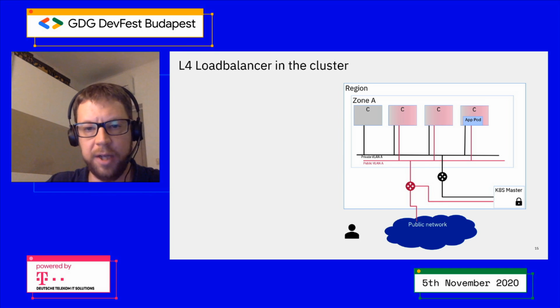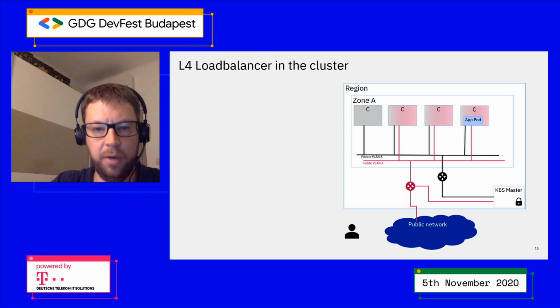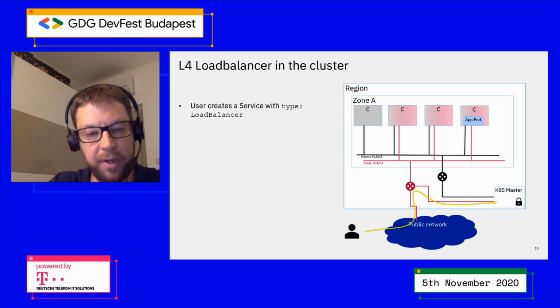Okay, so how do we expose our favorite application in this environment? On this picture, you can see a single zone deployment of a Kubernetes cluster. You have your application pod. Of course, you can have multiple of them using deployments or daemon sets. And you usually expose applications on public clouds by creating a Kubernetes service with the type load balancer, which is triggering a special hook in your Kubernetes master.